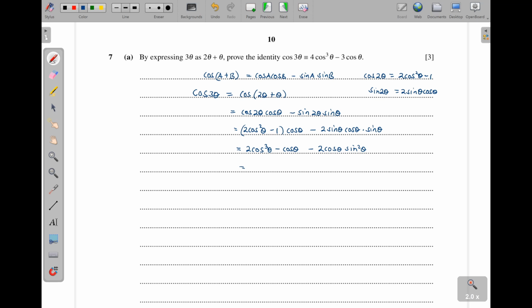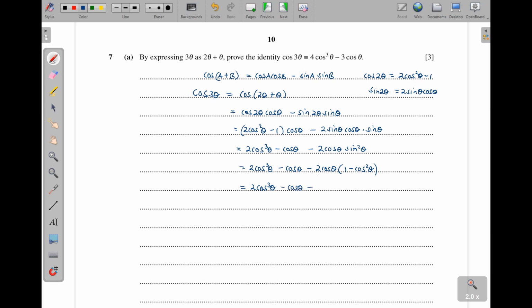But sine squared theta, I'm also supposed to put it in terms of cosine, because you see what we are supposed to prove, there is no sine in it. So minus cosine of theta, then minus 2 cos of theta. Expressing sine squared theta in terms of cos, we shall have 1 minus cos squared theta here. So that means here we shall have 2 cos cubed theta minus the cosine of theta.